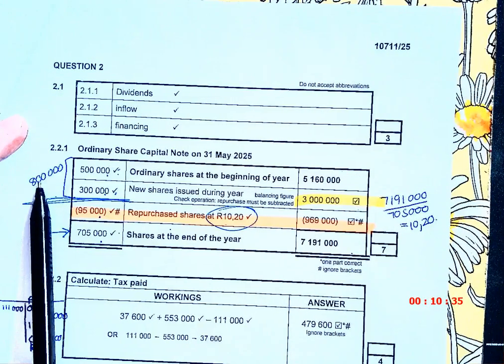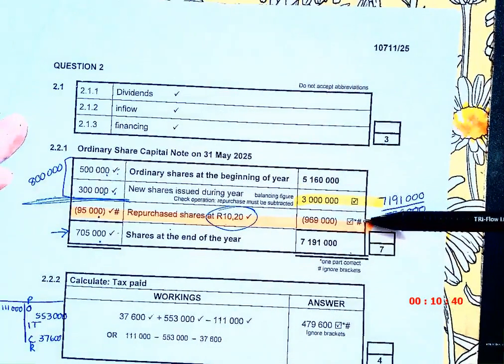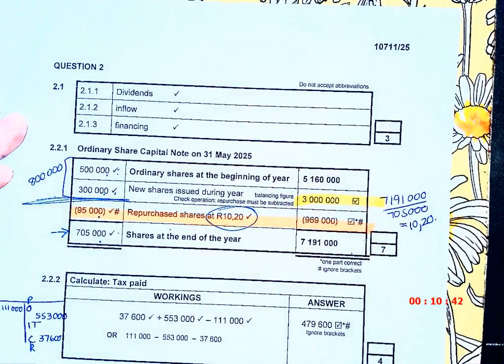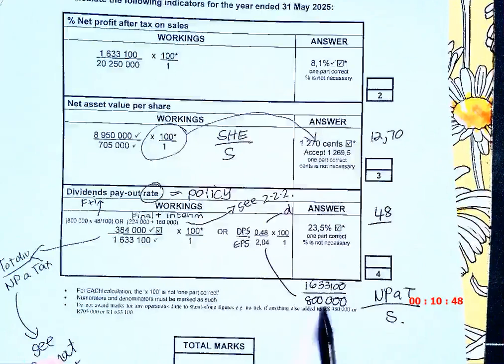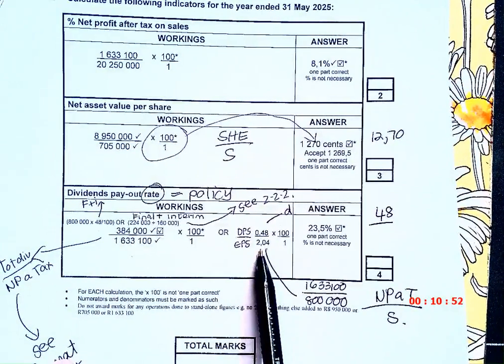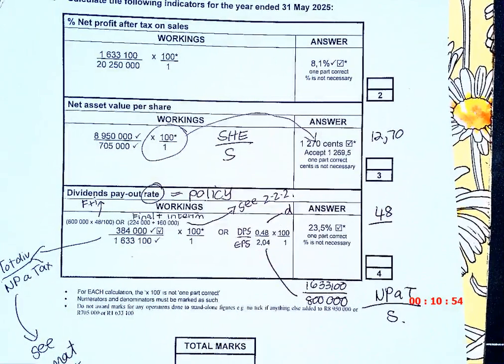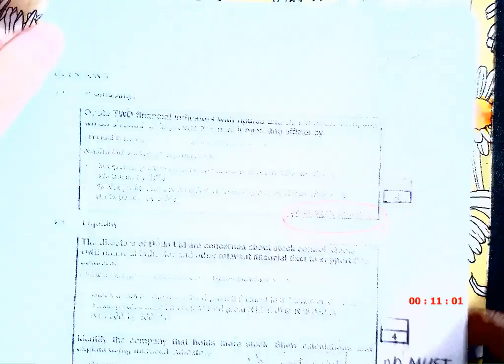And they said before the repurchase we had 800,000 shares. Remember why? It's because they said that the repurchase shares will still earn dividends, right? Even though they were repurchased. So if you say 1633 divided 800, you get the 2 rand and 4 cents. Okay. Also a lot of calculations for a very few amount of marks.